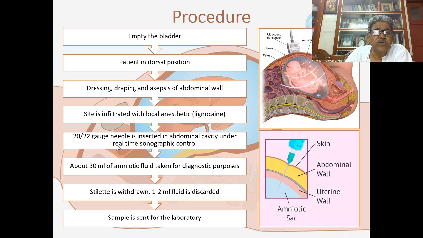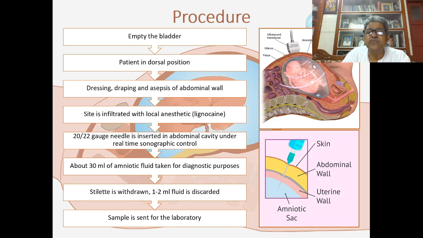Now, what is real-time sonographic control? Sonography, ultrasonography, you know, is the common principle for the study of internal structure. So the ultrasound transducer studies the position of the embryo, at what position the leg is, at what position the head is, and where the needle should be inserted.